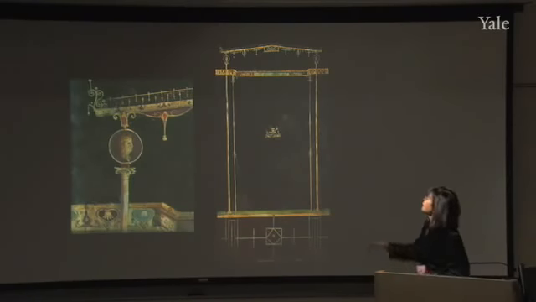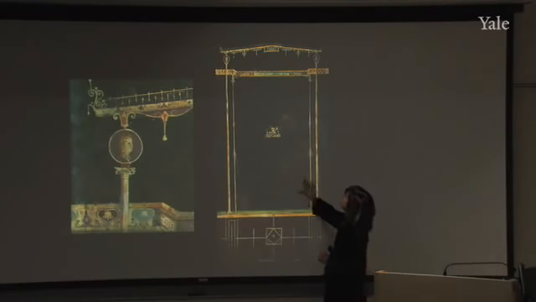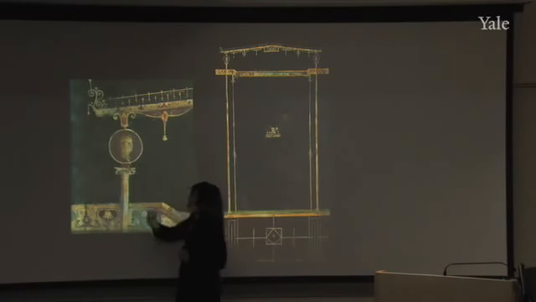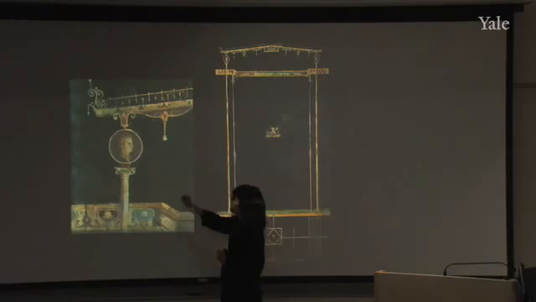Another detail shows again that central area, where now you can see that they are indeed colonnettes with capitals at the top. You can also see there are a couple of medallions that have heads in them over here. But here you can see how fanciful it gets.